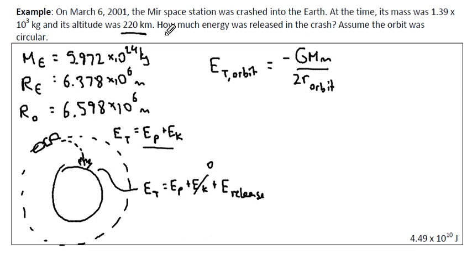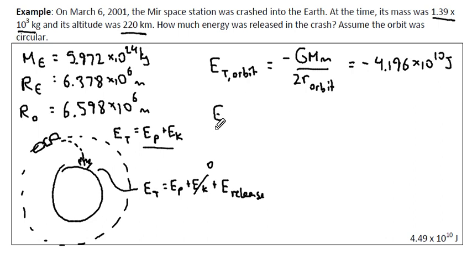In this case, the mass of the object was 1,390 kilograms, so 1.39 times 10 to the 3 kilograms, and divide by our orbit value. We get a value of negative 4.196 times 10 to the 10 joules of energy.